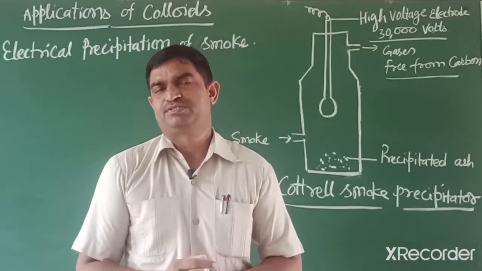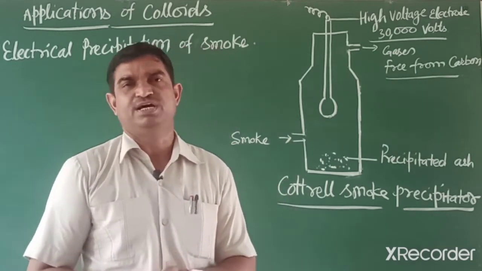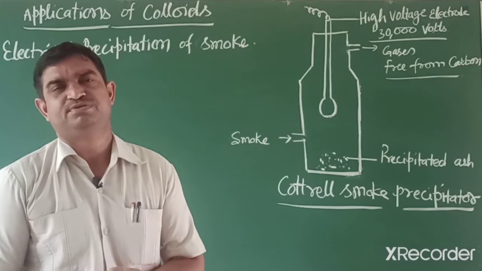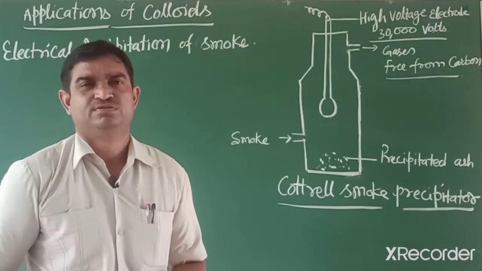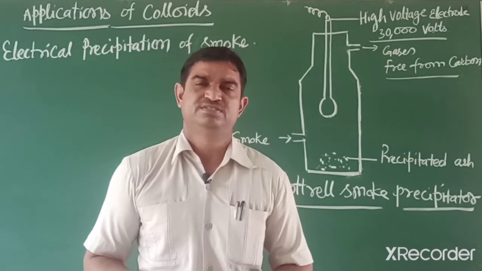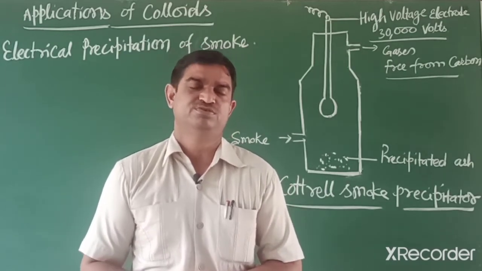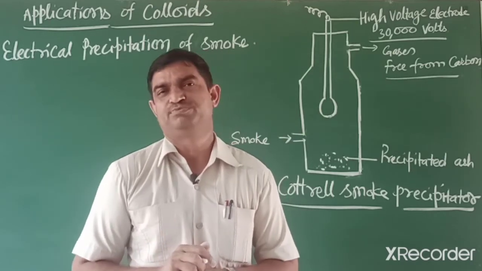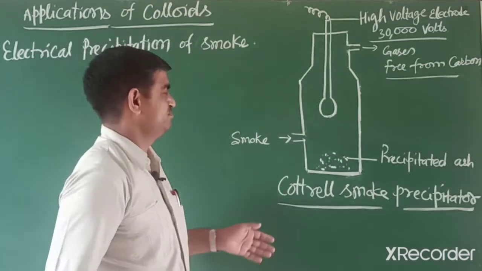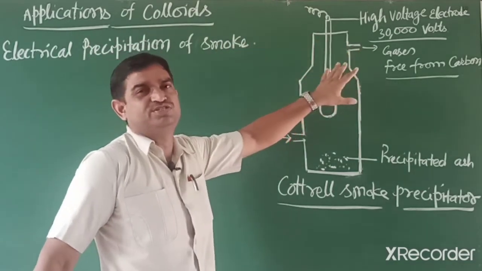Now students, we explain industrial applications of different colloids. By colloids we can stop pollution, the polluted gas, unburnt carbon released from factories. A scientist, Cottrell, used a precipitator known as the Cottrell smoke precipitator. In the Cottrell smoke precipitator, he fitted an electrode above the industry on a chimney.